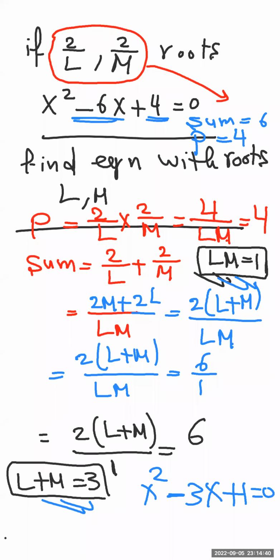Okay, concentrate very well in this one. Have the difference between the roots of the equation. First, the equation is x squared minus kx plus 4k equals 0.